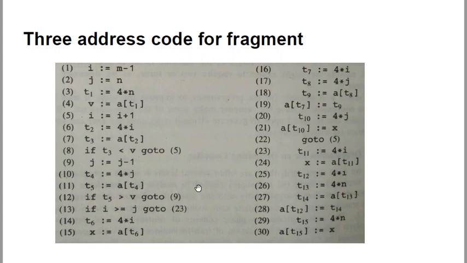In the exam, questions will come where you will be given a particular code or a three-address code. From that you may be asked what the corresponding basic blocks and flow graphs are, or for short notes on basic blocks and flow graphs.